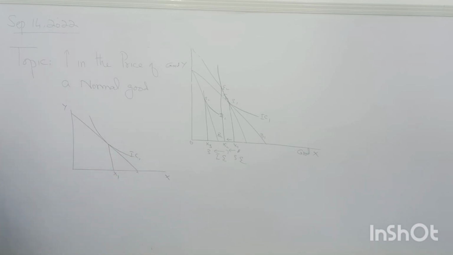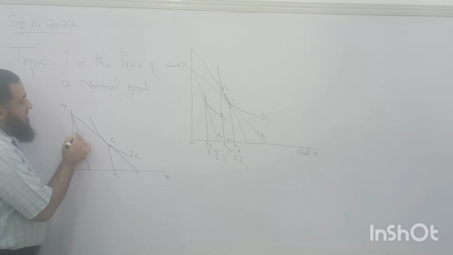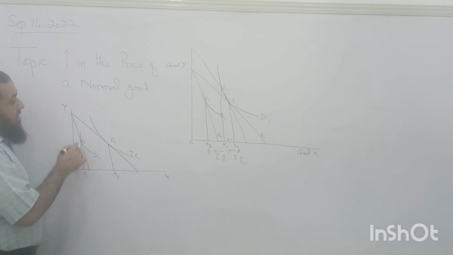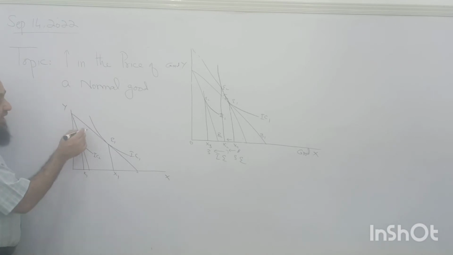X1, and now he is here. I am making it further steeper, clear? This is E1, and in the indifference curve, this is E3 basically, this is X3. Now when this budget line shifts rightward, it is going to make a tangency condition at E3.